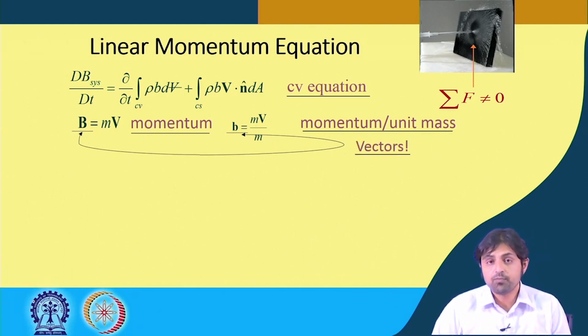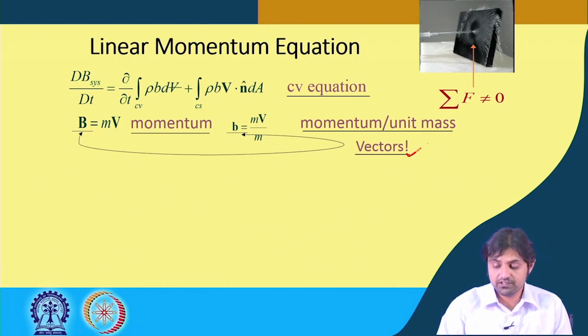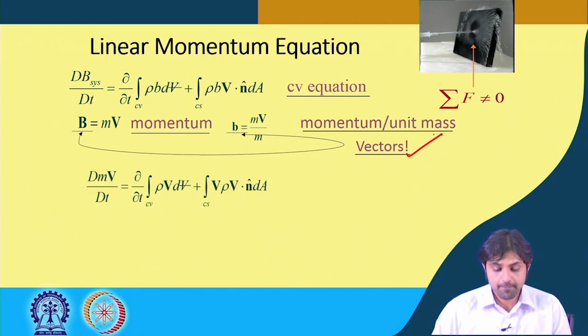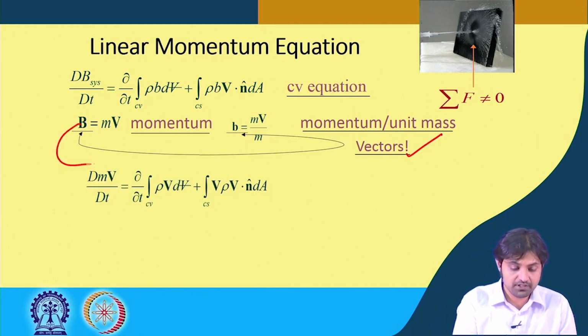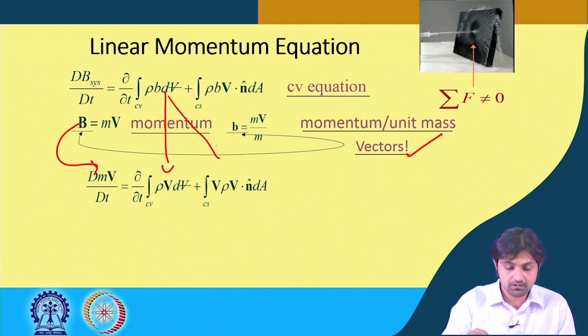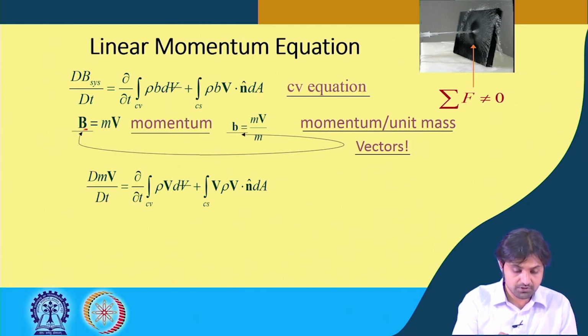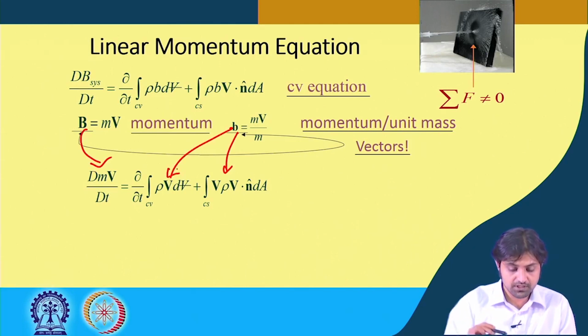Be careful that these are actually vectors. So, substituting capital B and small b here, this is the equation that we obtain.